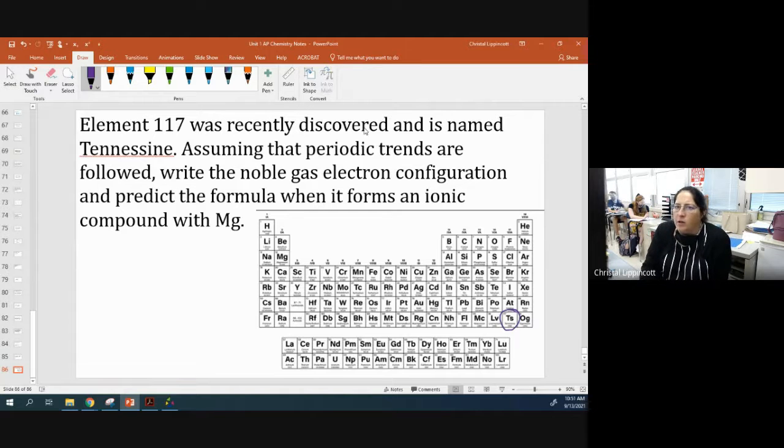Okay, so you're going to start with Rn and go from there. So you're writing an electron configuration and trying to figure out what it would look like with magnesium.